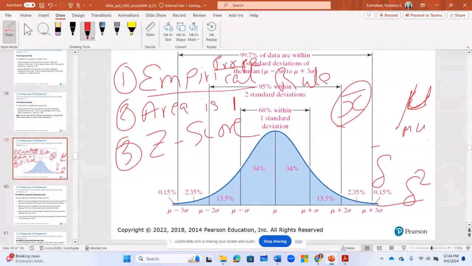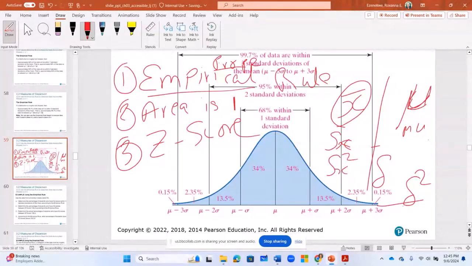But if I'm working with a sample, then I have the sample standard deviation s. If I am working with a sample, then the variance is s squared. All right, so anyway, let's go back.